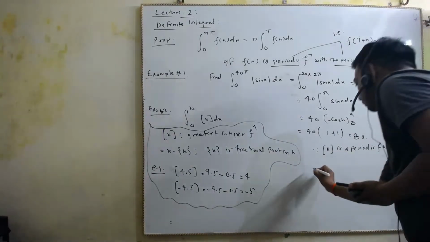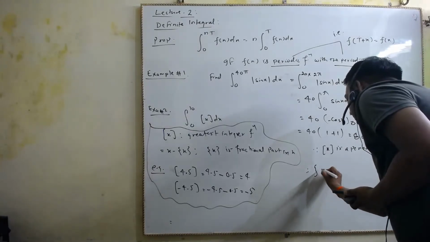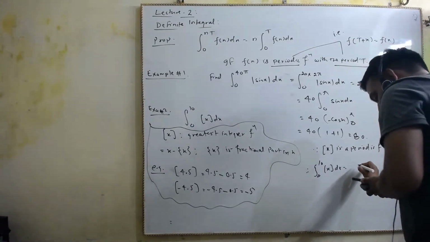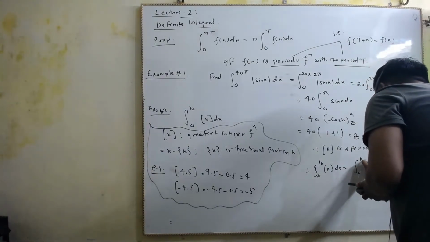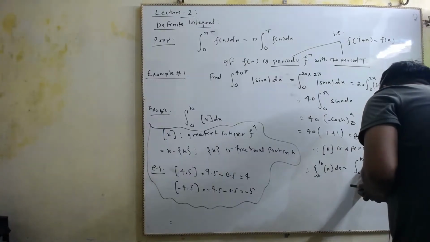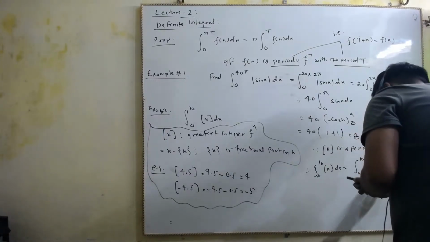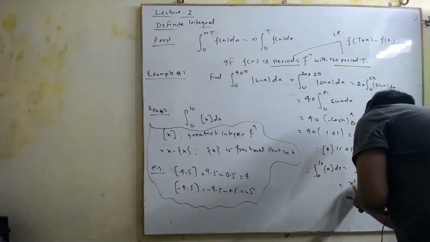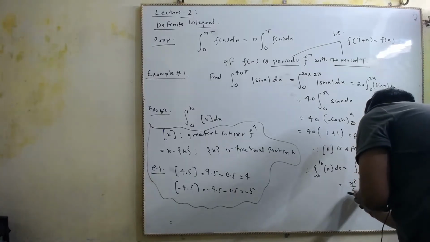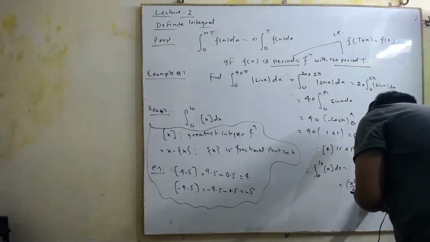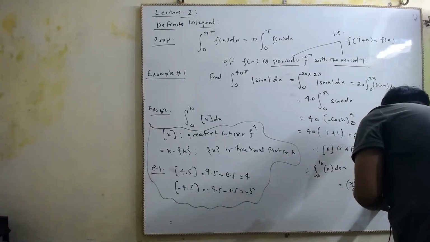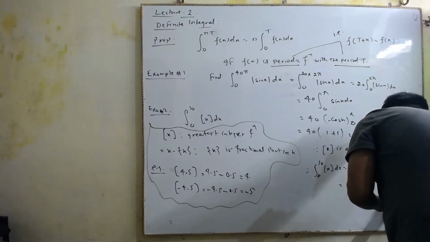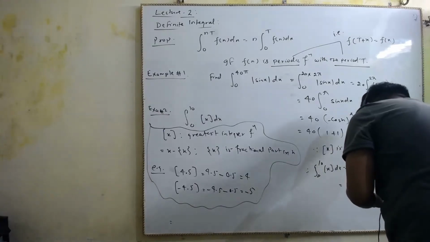So the integral from 0 to 10 of greatest integer x dx can be written as the integral from 0 to 10 of x minus the fractional part of x dx, right? So that will be x square by 2 from 0 to 10, minus 10 times the integral from 0 to 1 of the fractional part of x dx, right?